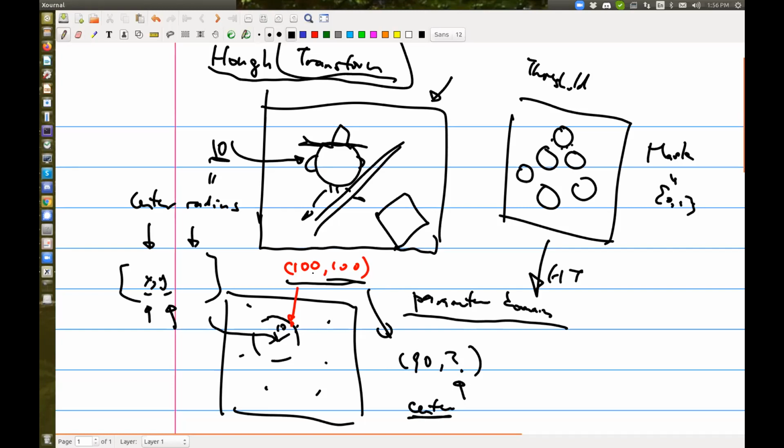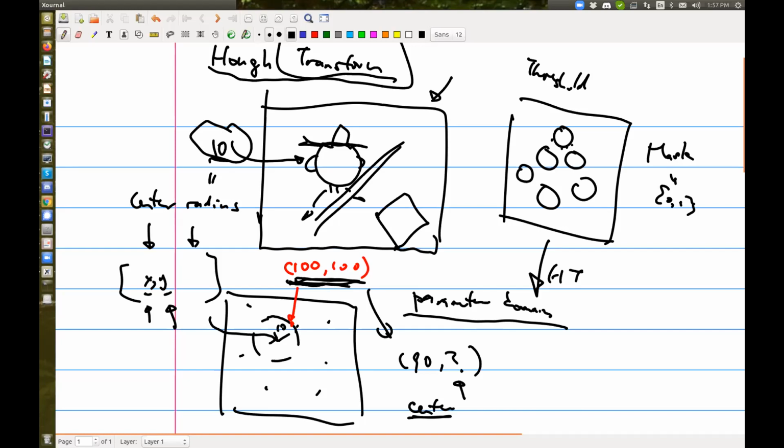So should I repeat the question again? Let's just consider the radius. Oh yeah, radius is 10 here. So for this particular point, 100.